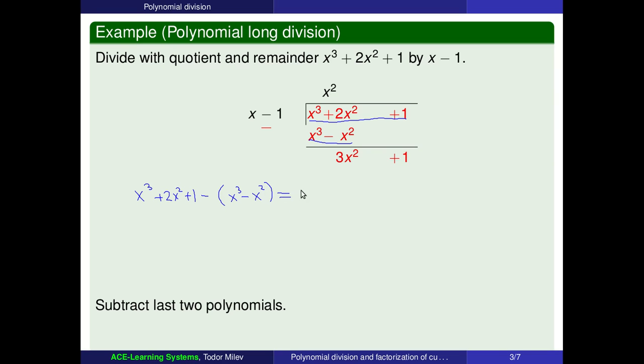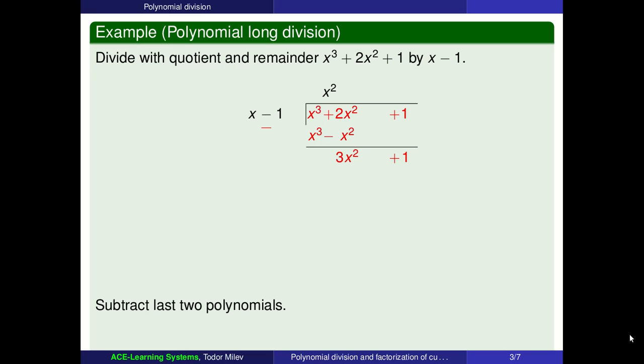So I get x cubed plus 2x squared plus 1 minus x cubed plus x squared. Minus with minus gives me plus. x cubed cancels. 2x squared plus x squared gives me 3x squared. And I have an extra 1. So indeed, x cubed plus 2x squared plus 1 minus x cubed minus x squared equals 3x squared plus 1.